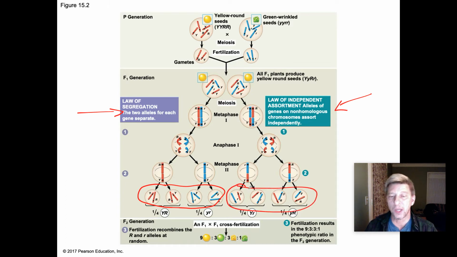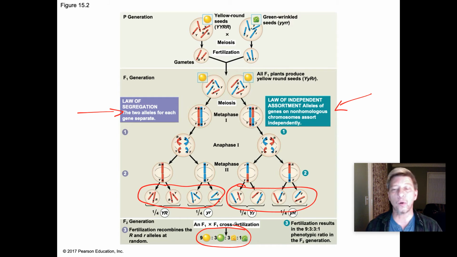Now notice, here we've still got the Y's, the big Y and the little y are separated, the big R and the little r are separated, but it's now big Y and little r together and little y and big R together. All right. And so this is the process that leads us to the 9 to 3 to 3 to 1 ratio that Mendel was finding in his studies.